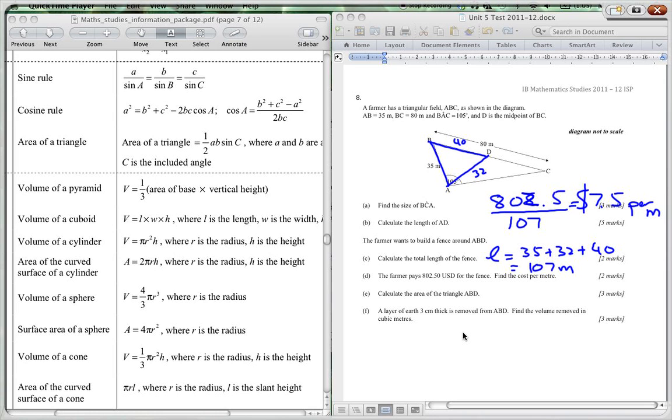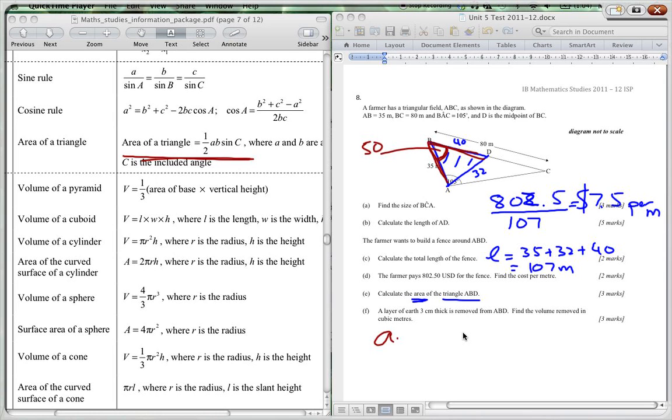Then it says calculate the area of the triangle ABD. Here again, I'm going to use my area sine rule. I know that this angle over here is 50. I need my two sides and the included angle to find that area.